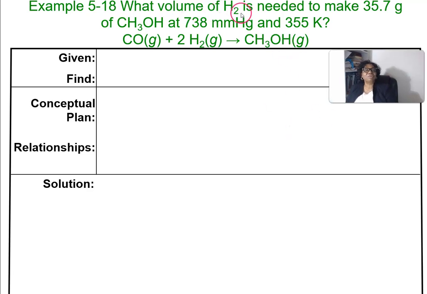What volume of hydrogen is needed to make 35.7 grams of methanol at 738 millimeters mercury and 355 Kelvin? This is the equation. You see the balanced equation here?